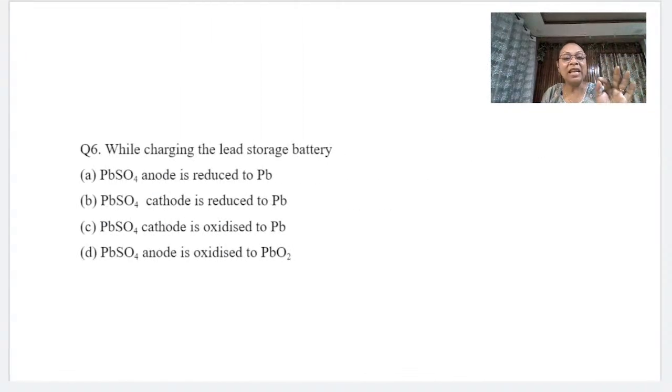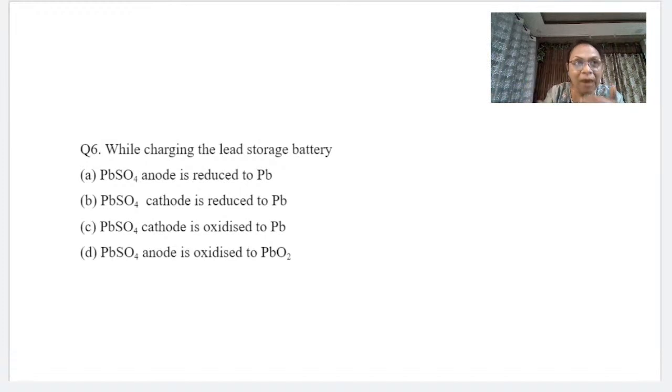While charging the lead storage battery, what happens? Once you have used up the battery, the lead has got used up. So once you are charging it, you need to get your lead back, isn't it?